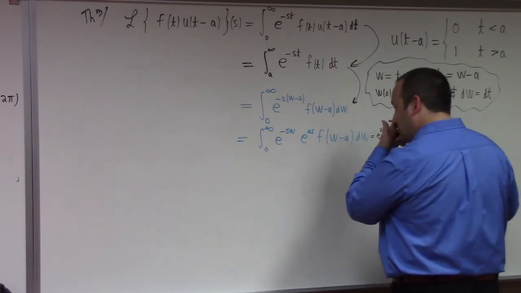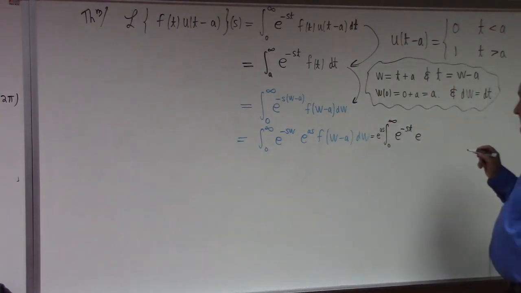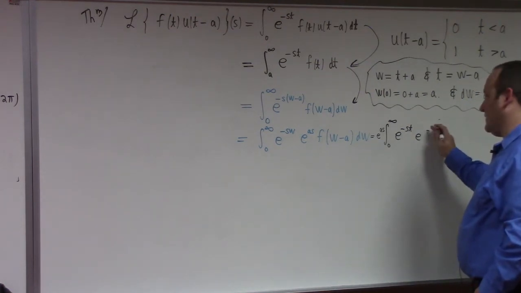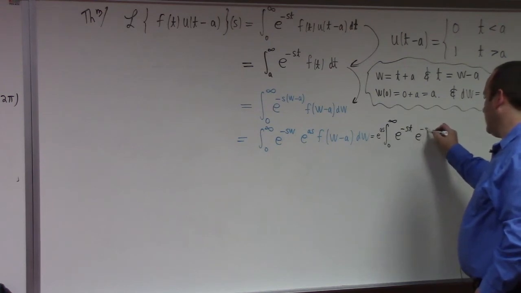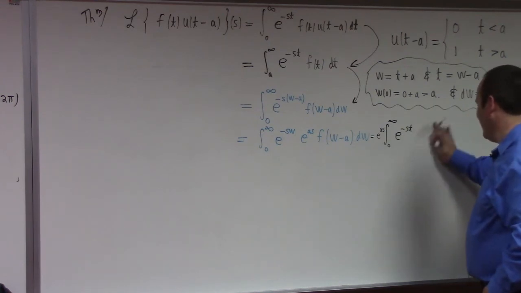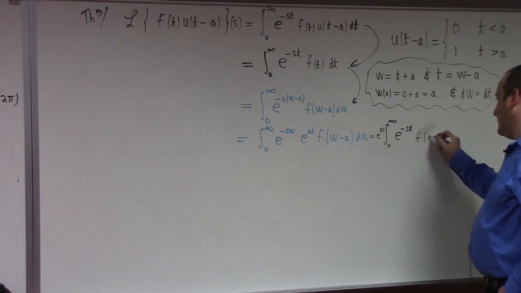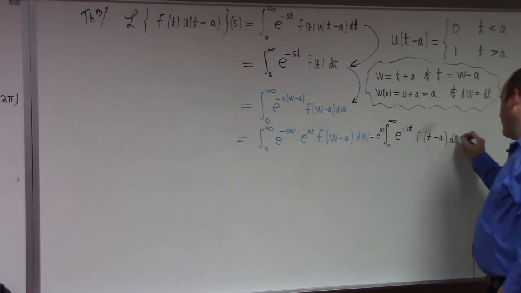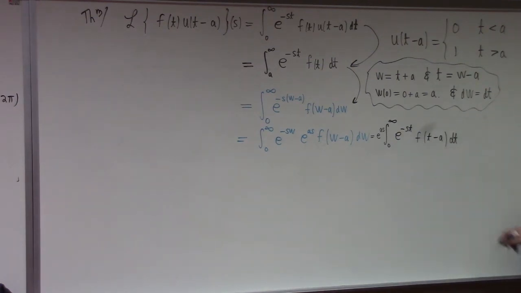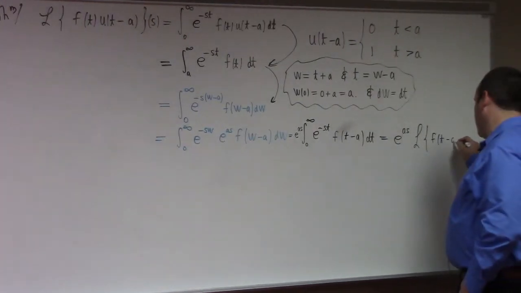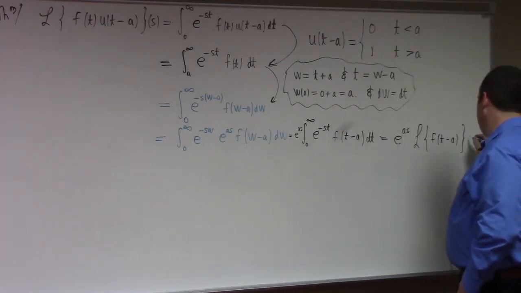E to the as, and then e to the minus st, I already wrote that. E to the minus st f of t minus a dt. There we go. Finally. Now that is exactly e to the as times the Laplace transform of f of t minus a, of s.